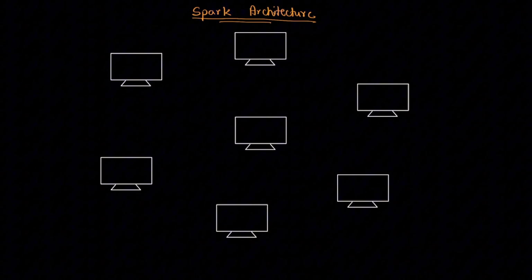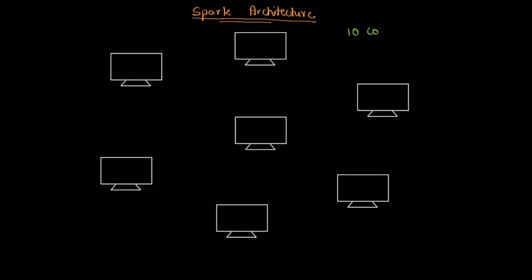Let's say each machine in our cluster has 10 core CPU and 100 GB of RAM. Since we have a total of 7 machines, our total computing power would become 70 core CPU and 700 GB of RAM.